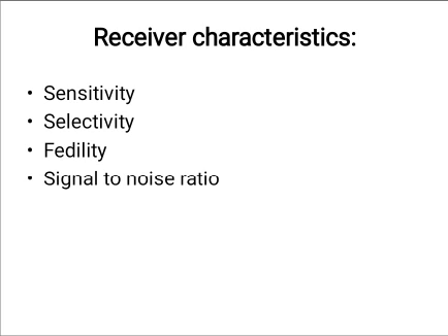It is defined as the ratio of signal level to noise level. That means the noise may be due to internal or external sources. The ideal characteristics of a radio receiver are high sensitivity, good selectivity, high fidelity, and high signal to noise ratio.